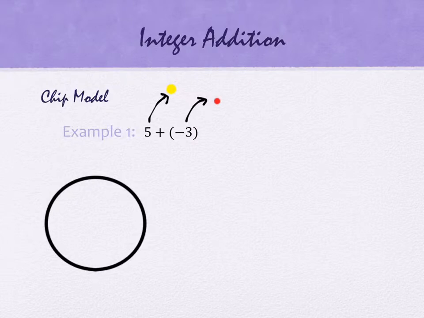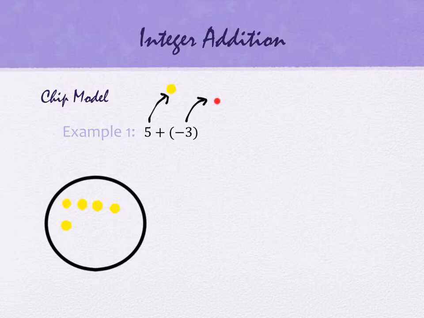So here's the way this works. Inside of the circle, we're going to put 5 yellow chips because I have 5 as my number. So I've got 1, 2, 3, 4, 5 yellow chips. I add them, I put them inside of the circle. I collect them into my Ziploc baggie or whatever. Okay?